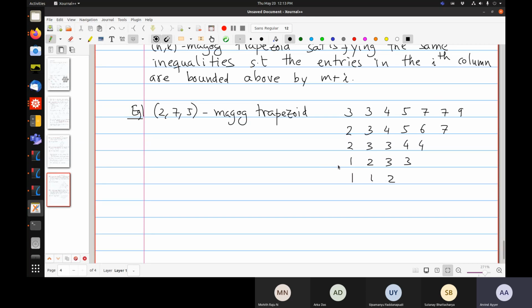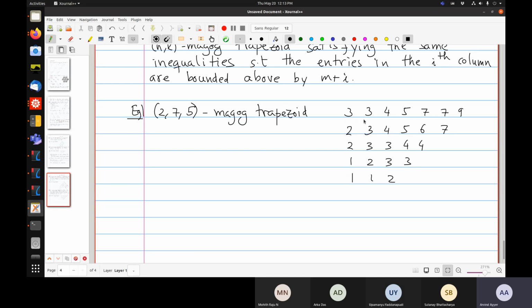So it has 5 rows. That's the 5. And so now notice that the first column does not satisfy the condition that it is fixed to be 1.